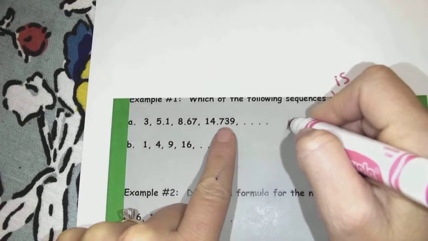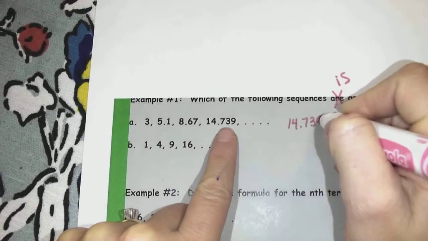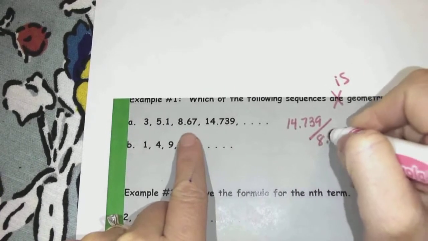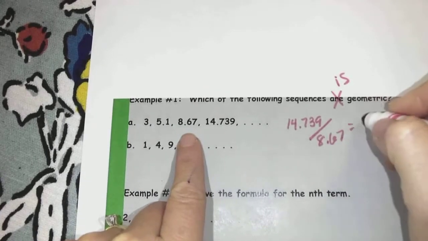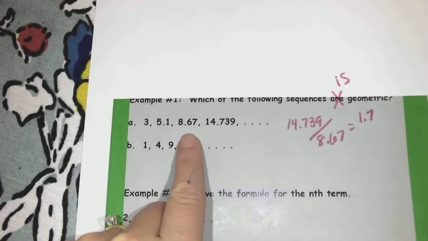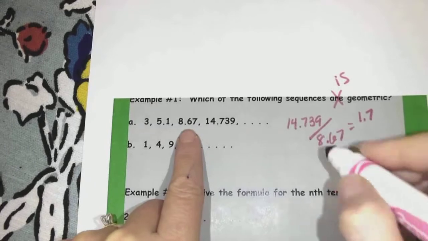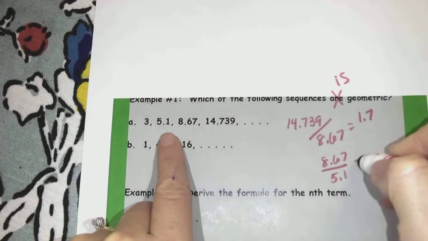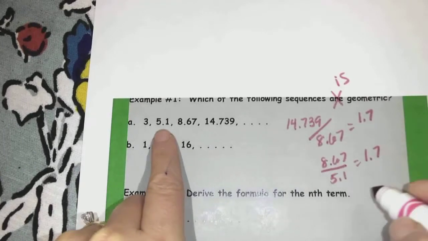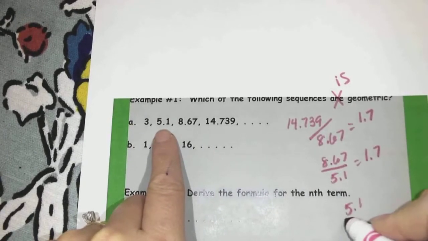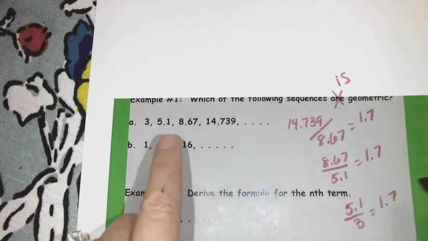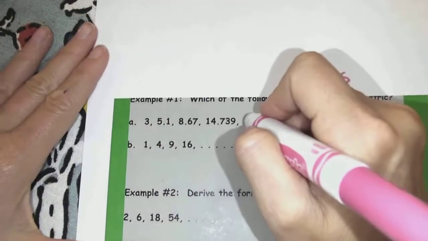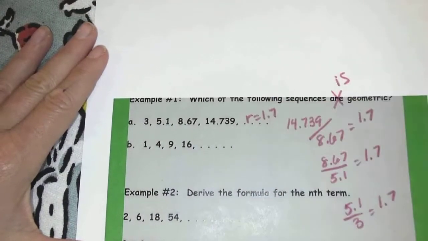Simply take any term and divide it by the one in front of it. And when I do this on my calculator, I get 1.7. I will get the exact same thing when I take 8.67 and divide it by the 5.1. I will also get the same thing when I take the 5.1 and divide it by the 3, making this geometric and making my common multiplier 1.7.